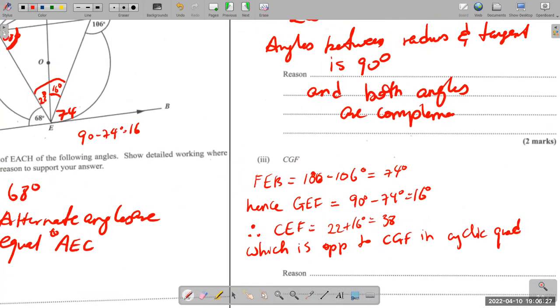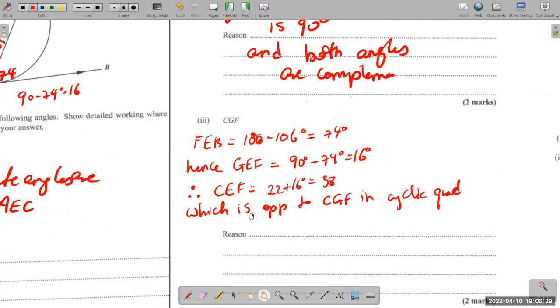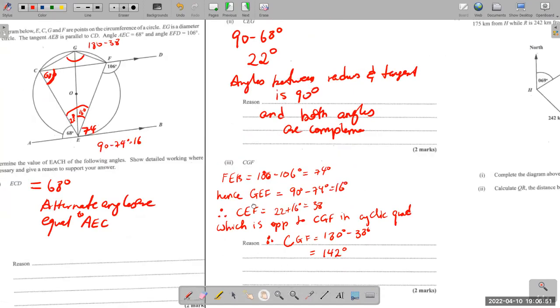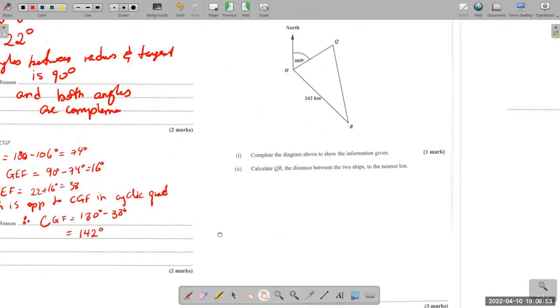Since we know that it's opposite, therefore angle CGF is equal to 180 degrees minus 38, which is 142 degrees. That one was a little stiff, but we did it.